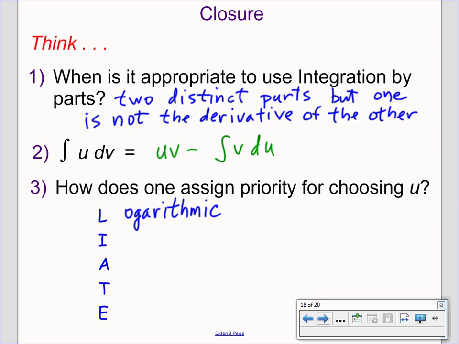Give me an I, Tyler. Inverse trig. Give me an A, Riley. Algebraic. Give me a T, Sydney. Trigonometric functions, such as sine or cosine.